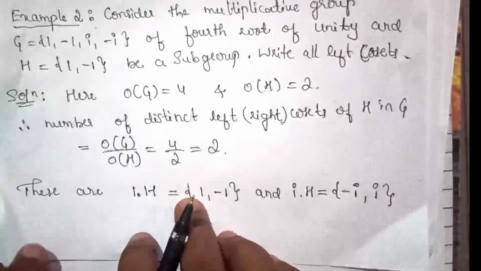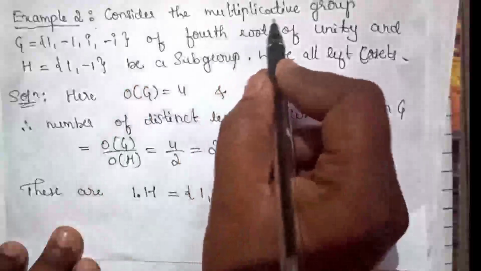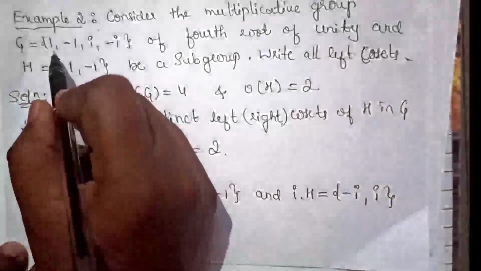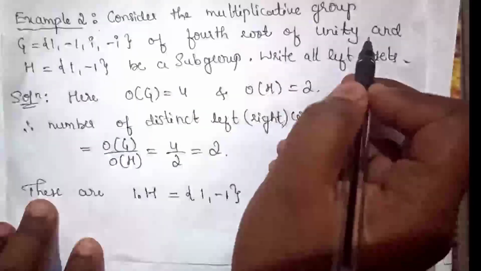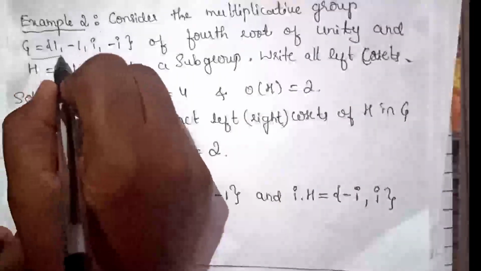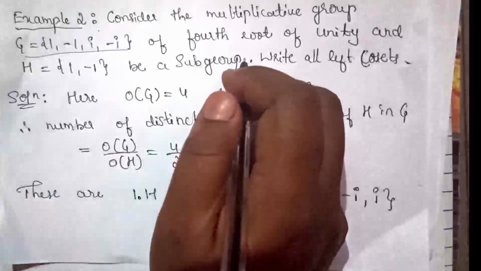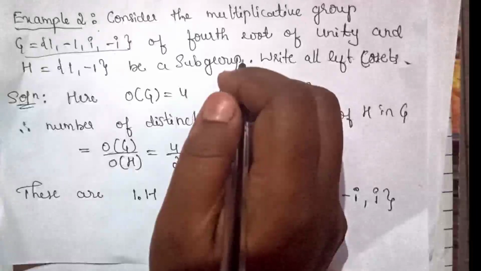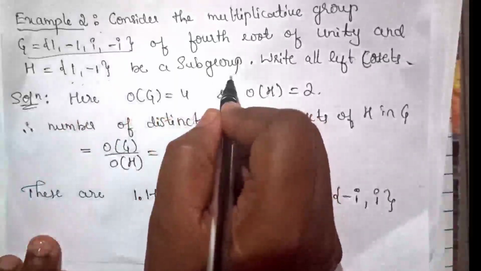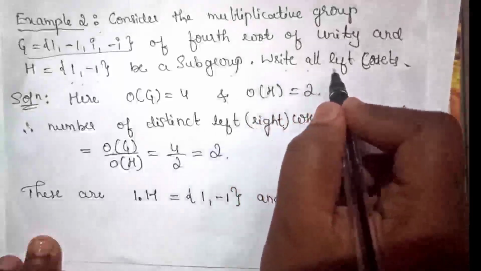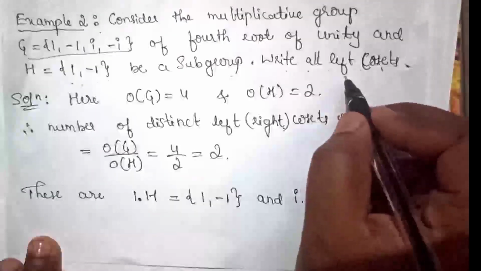See here, this problem we have already done. Consider the multiplicative group G equals the multiplicative group 1, minus 1, i, minus i of fourth roots of unity. Remember that this group is a standard group, so it is always used. And H equals 1, minus 1 is a subgroup. Here write all the left cosets, or sometimes they may ask for right cosets.